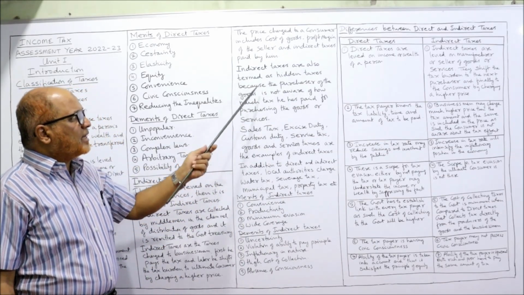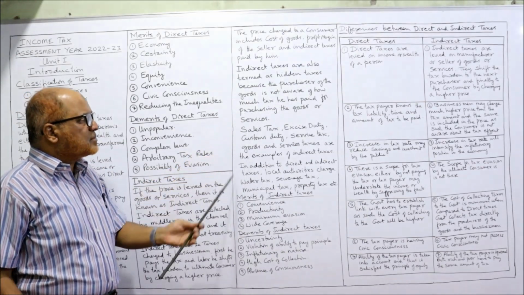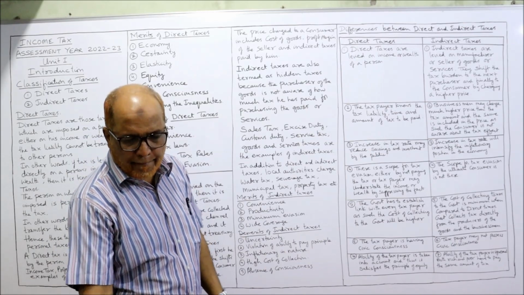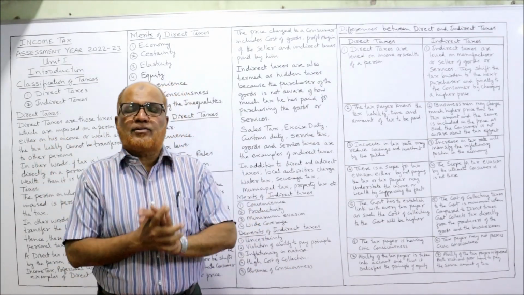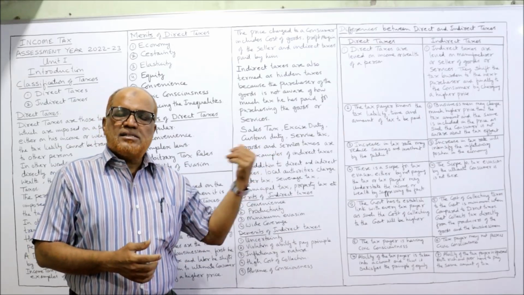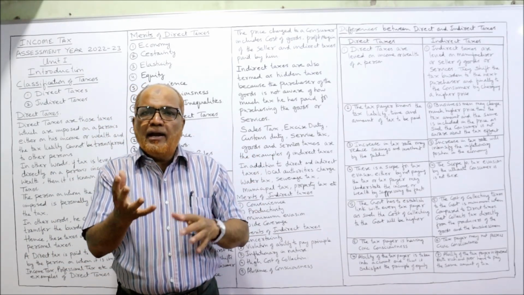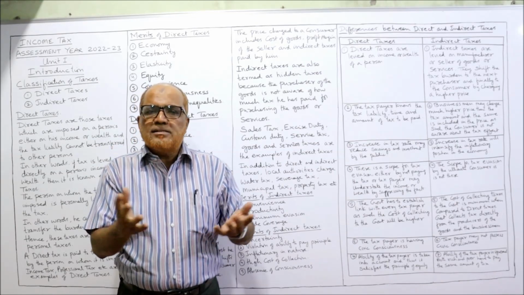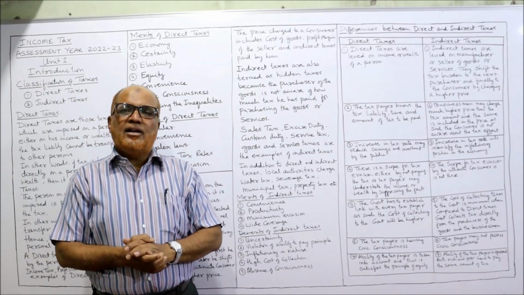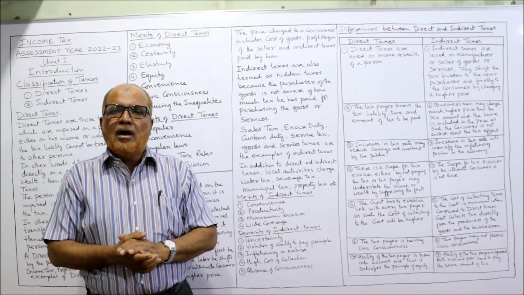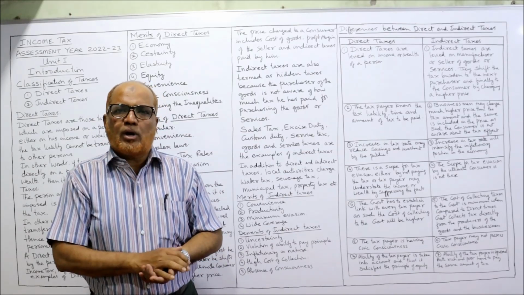Indirect taxes are also termed as hidden taxes because the purchaser of the goods is not aware of how much tax is paid for purchasing the goods or services. Now see here, direct taxes are called personal taxes, whereas indirect taxes are hidden taxes. It is completely hidden in the price of the goods. Example, when we purchase the air conditioner, we will not ask how much is the cost to you, how much profit you are earning, and how much tax you paid.